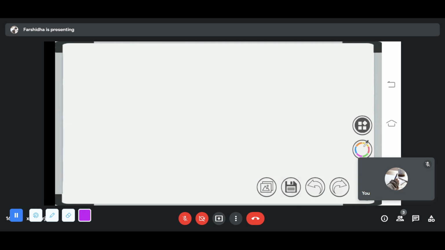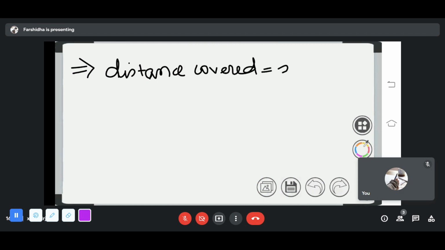So you can take the distance covered as x because you don't know the value, and you can take the total fare as y.